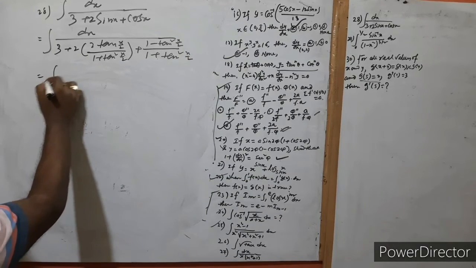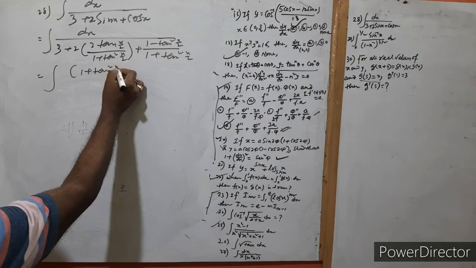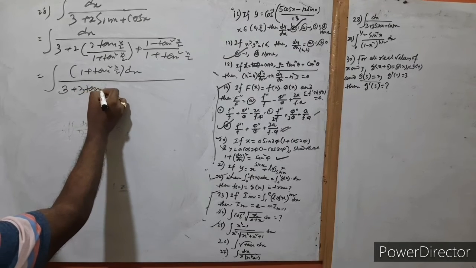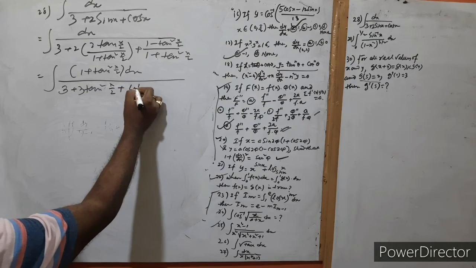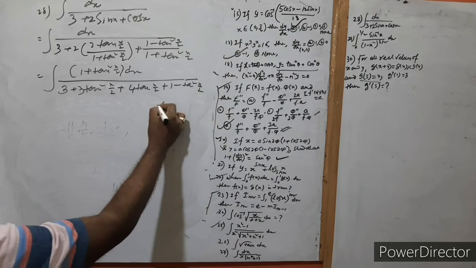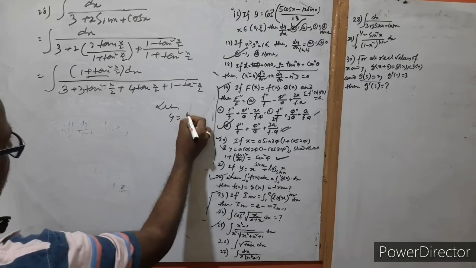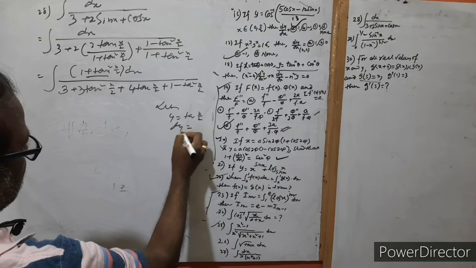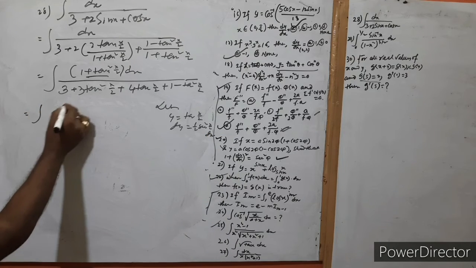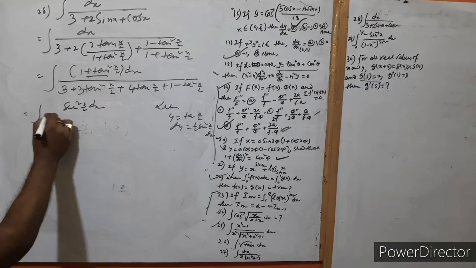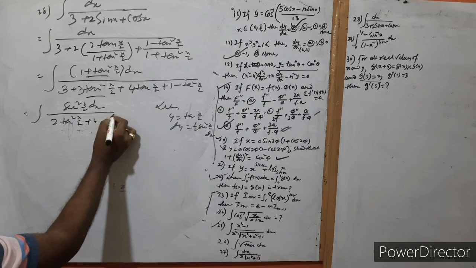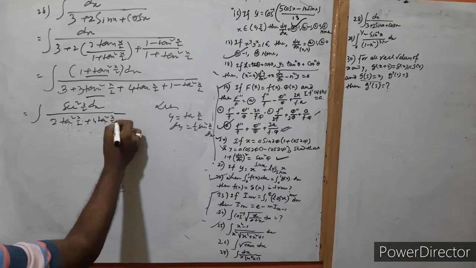Here take the LCM, then we get 1 plus tan square(x/2) dx over 3 plus 3 tan square(x/2) plus 4 tan(x/2) plus 1 minus tan square(x/2). Let y equal tan(x/2), so dy is half into sec square(x/2) dx. In the denominator, 2 tan square(x/2) plus 4 tan(x/2) plus 3 plus 1 is 4 here.